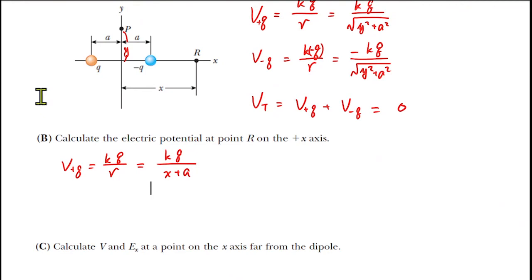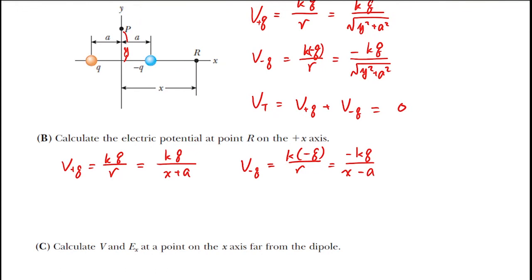And the potential due to negative Q is K negative Q over the distance, which is negative KQ over x minus A, because that's this distance right there.